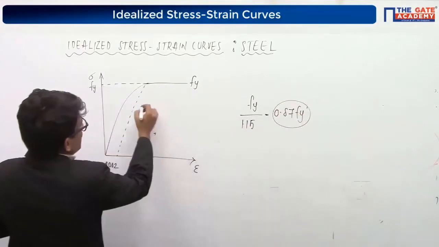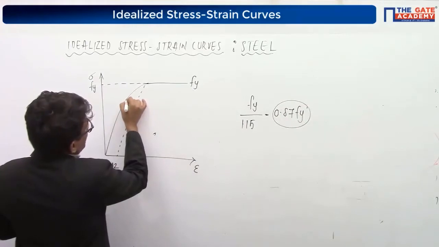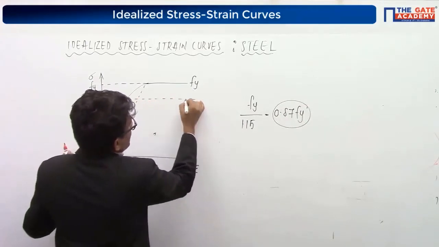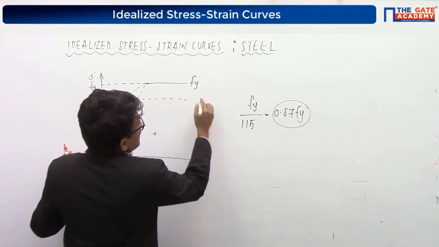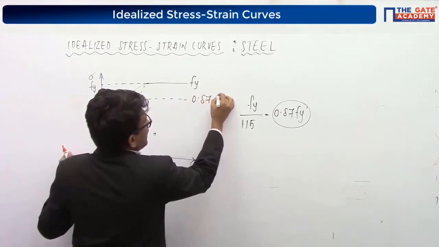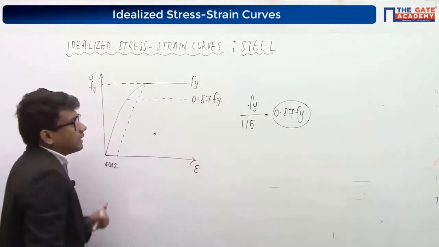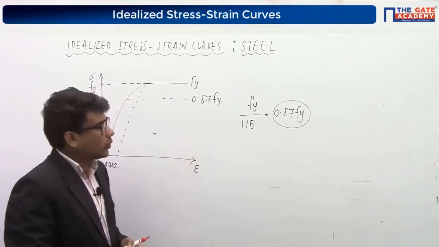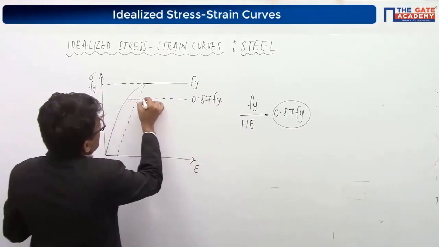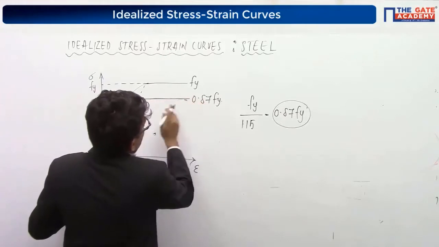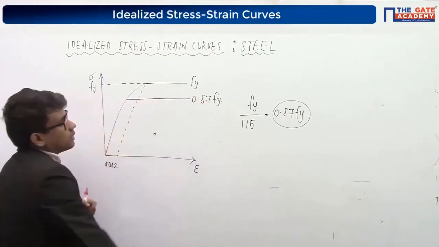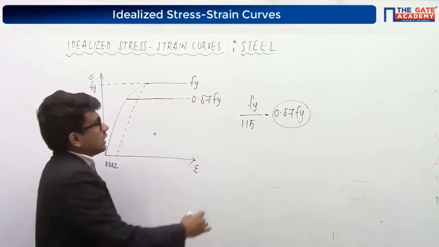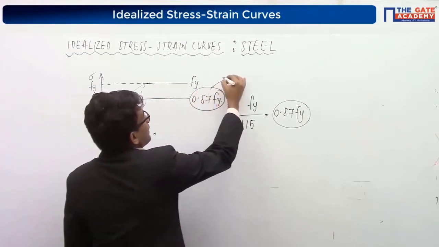So you will be getting it somewhere around here, which is our 0.87 Fy. How am I getting this? I am getting this by dividing this yield strength by our partial safety factor for material. This will be our strength value for the design, that is 0.87 Fy.